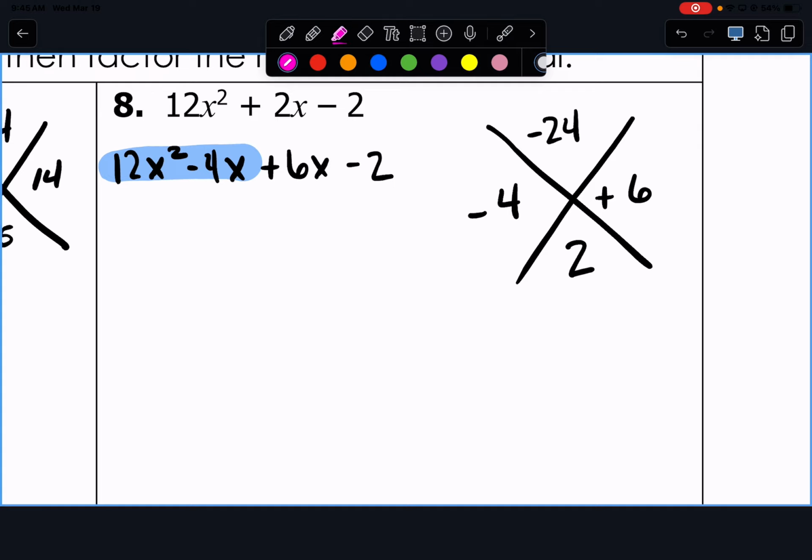Group and group. What is the first GCF? 4. Which will leave us with 3x minus 1. And the second half's GCF is? So that'll leave us with?